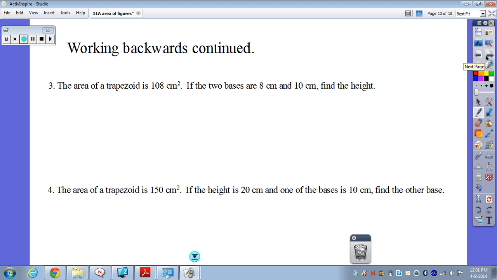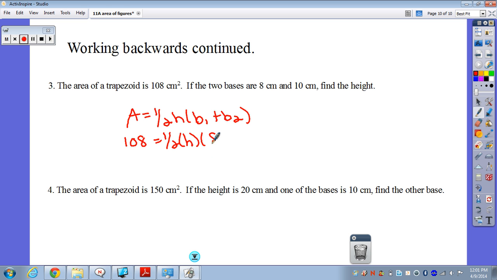So the next one, the area of a trapezoid is 108 centimeters squared. Two bases are 8 and 10. Find the height. So again, I'm going to write the formula. It's 1/2 h times b1 plus b2. You have to find that on your formula sheet. I'm going to plug in the area. The height I'm trying to find, so I leave that as h, and then I plug in my two bases, 8 and 10. The order does not matter.